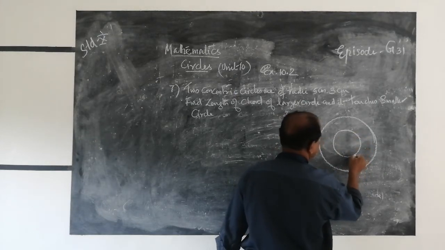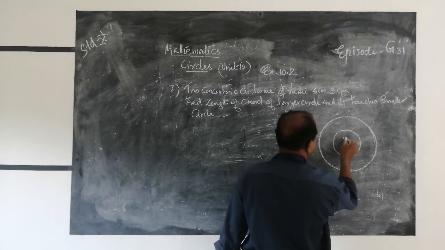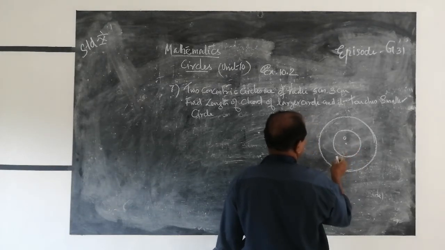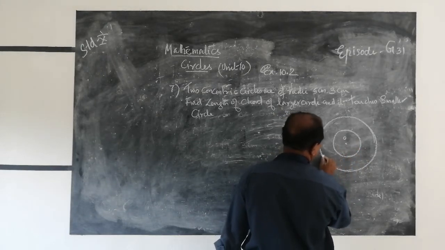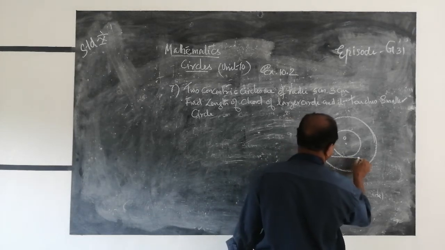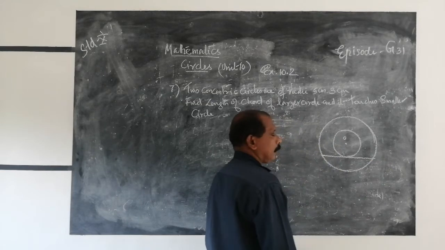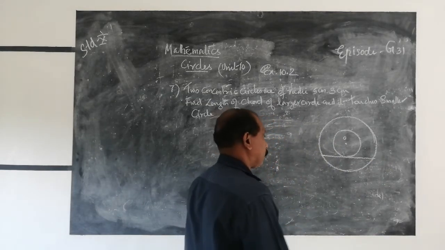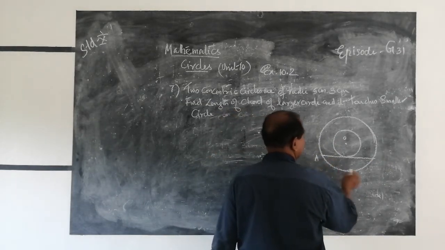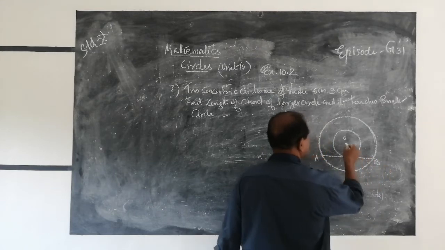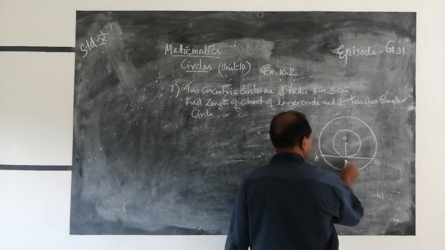There are two circles with the same center. The chord of the larger circle is the tangent to the smaller circle. That is AP. Then OM.